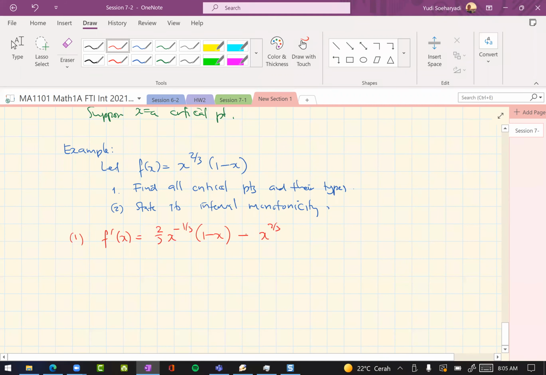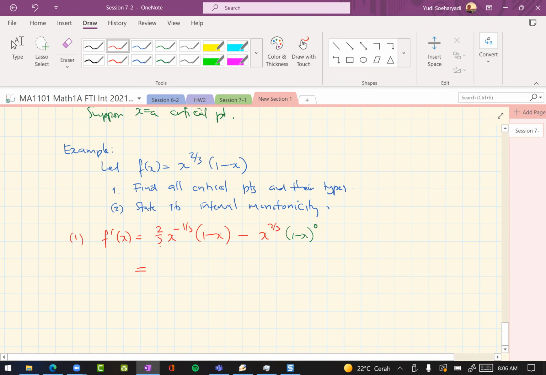So how do we deal with this one? Let's do some factorization here. Let's factor out. You see there are two terms here. Let me write this down in a different color. This is power 0, so this is just one actually. So you do some factorizations.